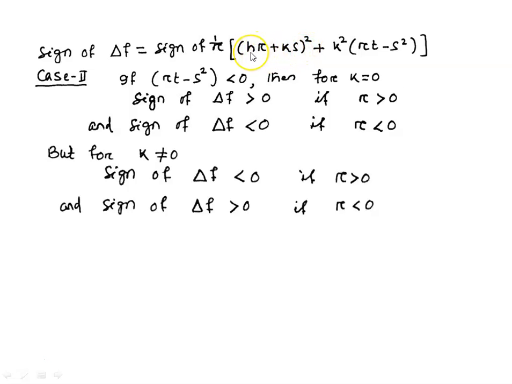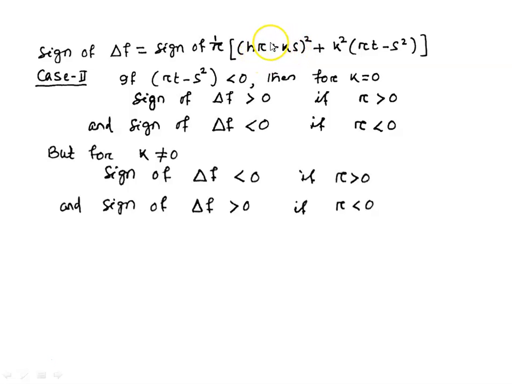Here we can find certain values of h and k for which this expression becomes 0. That means hr plus ks will become 0. For that we have to find h which is equal to minus ks divided by r. If we select h as minus ks divided by r, then this expression will become 0.